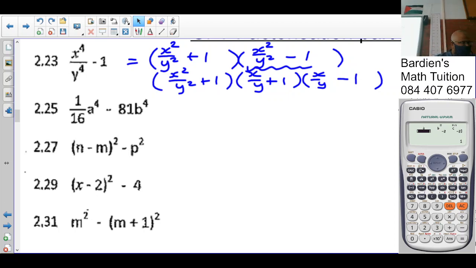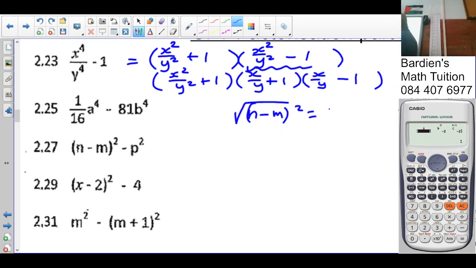What's the square root of n minus m squared? m minus n. No. People, listen, before you leave. For homework, I want you guys to do the second column. I'll put it up now. Just note here, what is the square root of n minus m squared? n minus m.